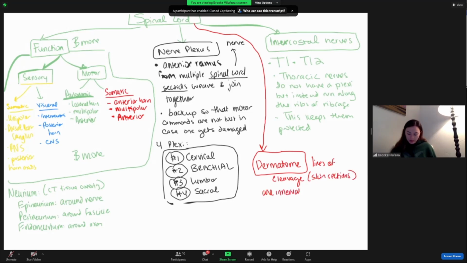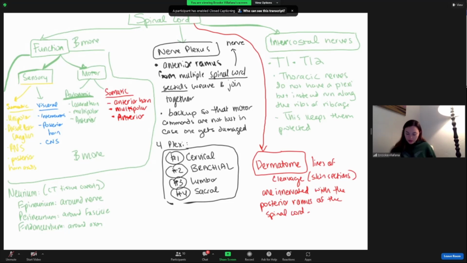And remember, the word innervated means to be supplied by motor and sensory information, right? So they're innervated with the posterior ramus of the spinal cord.